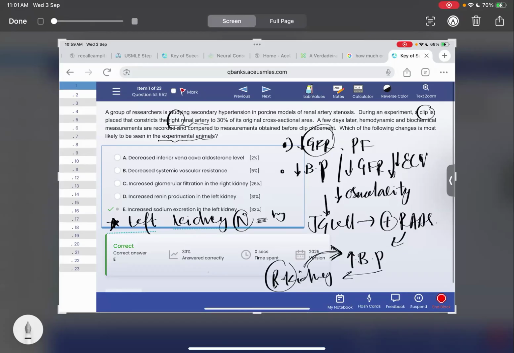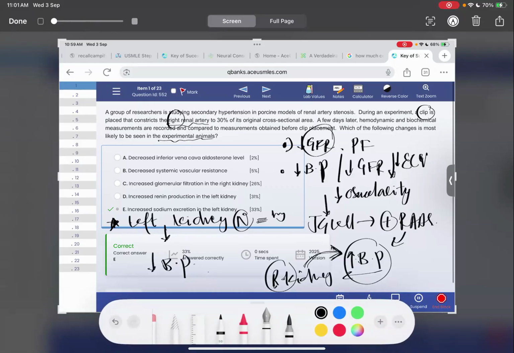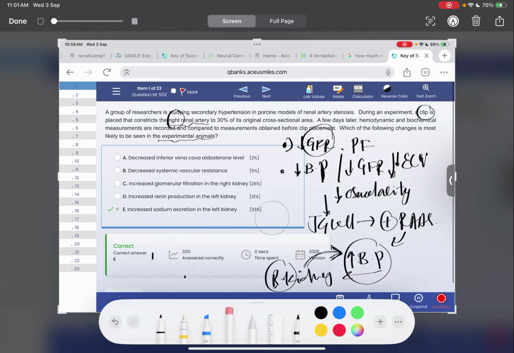But when the right kidney increases the blood pressure, the left kidney will try to decrease it. If you look into the options, option E fits perfectly. The left kidney is excreting sodium, okay? Got this? Yes, sir. Thank you so much.